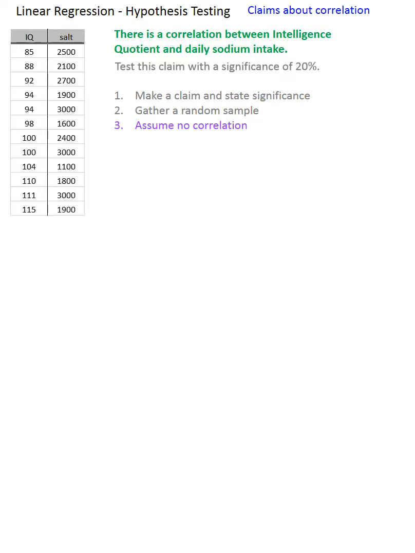So again, we're already on the third step of the hypothesis testing process once we get our data given to us, which as a statistics student is handed to you in the problem. And we're going to start as usual by assuming there's no correlation, which is contrary to what we want to show.